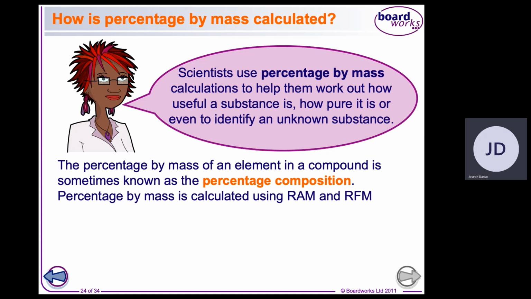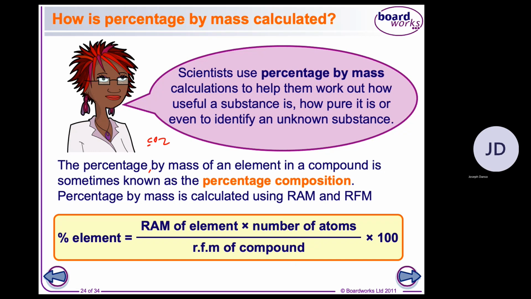So for example, if I write CO2, percentage by mass of C tells me how much of the C is in CO2. Okay?